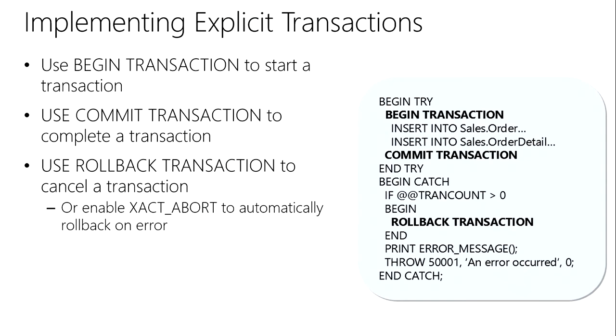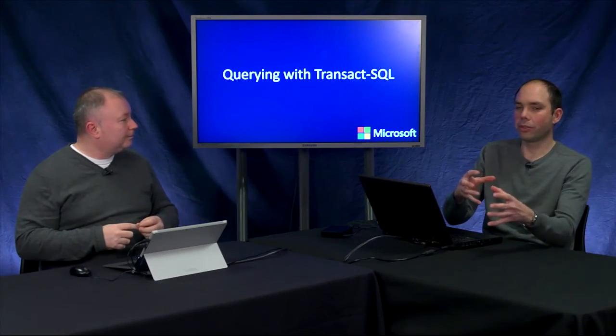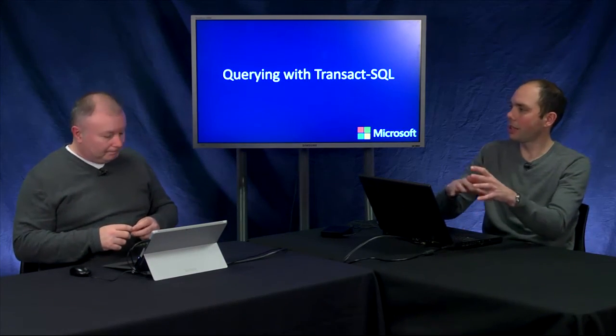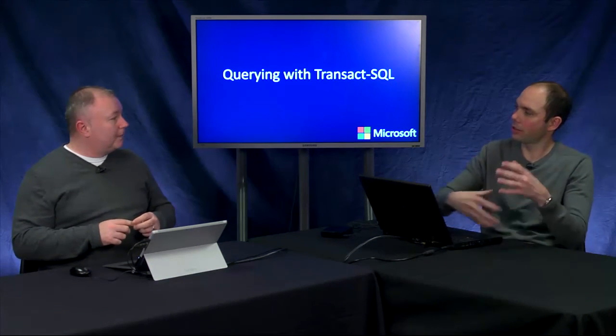So these are the transactions from other people? No, these would typically be transactions where I've done a begin transaction, and then within that I've begun another transaction. So I could have a transaction that's inside a transaction that's inside a transaction. They could be nested. So if you called a stored procedure and in itself it had a transaction within it, then you have a nested transaction within there.